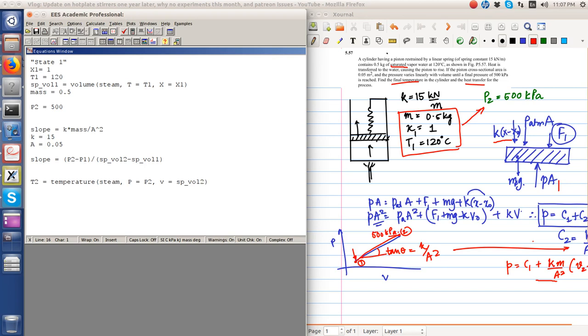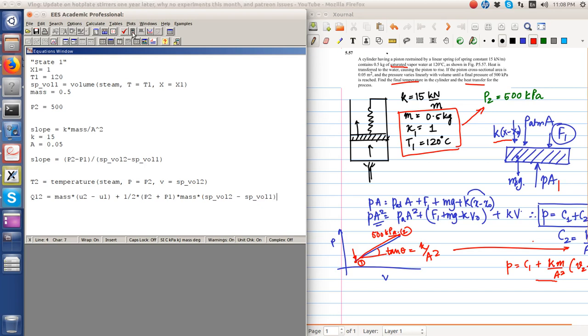Similarly, the heat transfer in the process by means of the first law of thermodynamics is equal to mass into (U2 minus U1) plus the work done, which is equal to half multiplied by (P2 plus P1) times the mass multiplied by (specific volume 2 minus specific volume 1).